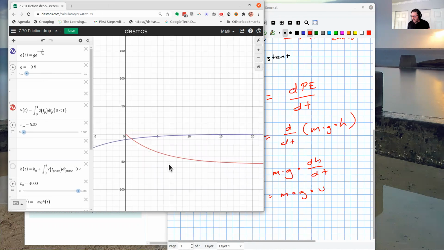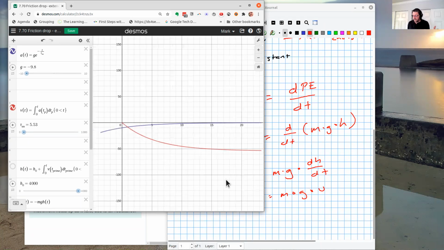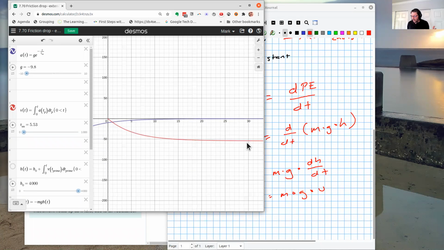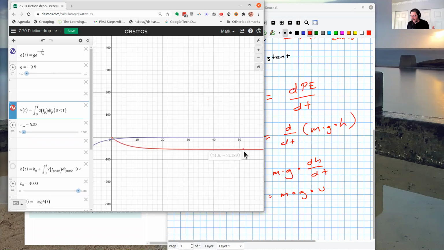It keeps increasing, but you can tell that it is turning over and slowing down how quickly it increases fairly soon. And in the limit, it seems to be approaching a particular velocity. Looks like it's about 54 meters per second. And I could zoom out some more and see, yeah, it's really close to 54 meters per second. That's the maximum speed that package is going to go, because as the acceleration decreases, the velocity will stop changing quite as quickly.